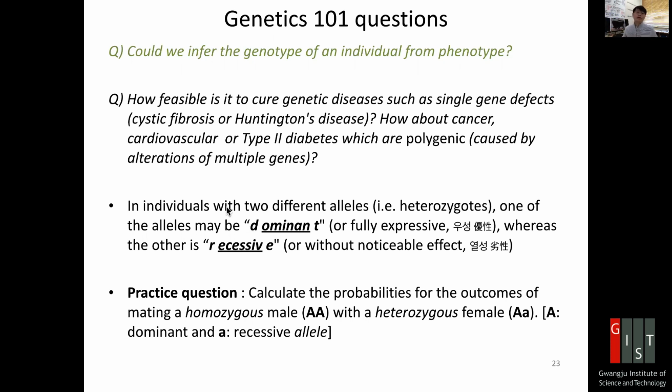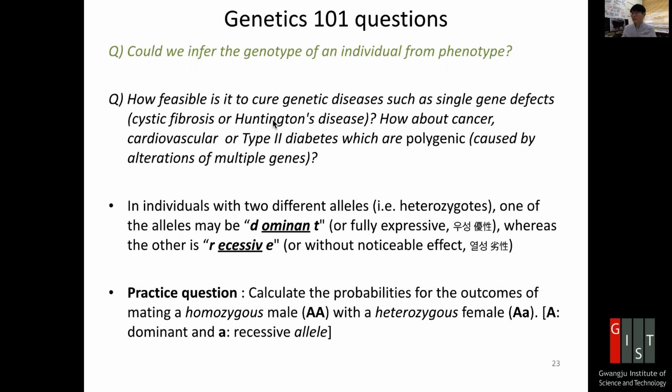All of this leads to the question of why we study this. Many diseases are related to our genes. There are genetic diseases such as single gene defects; I told you about cystic fibrosis, which affects the CFTR gene, and Huntington's disease. Still, we cannot cure these individuals.